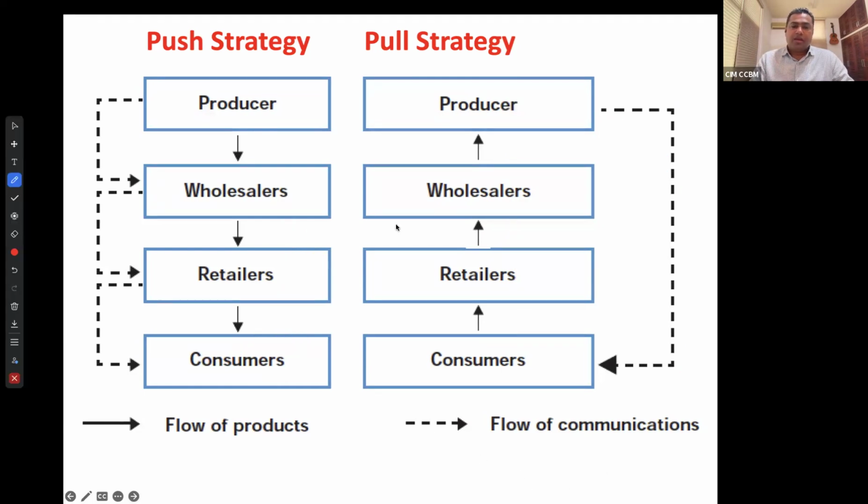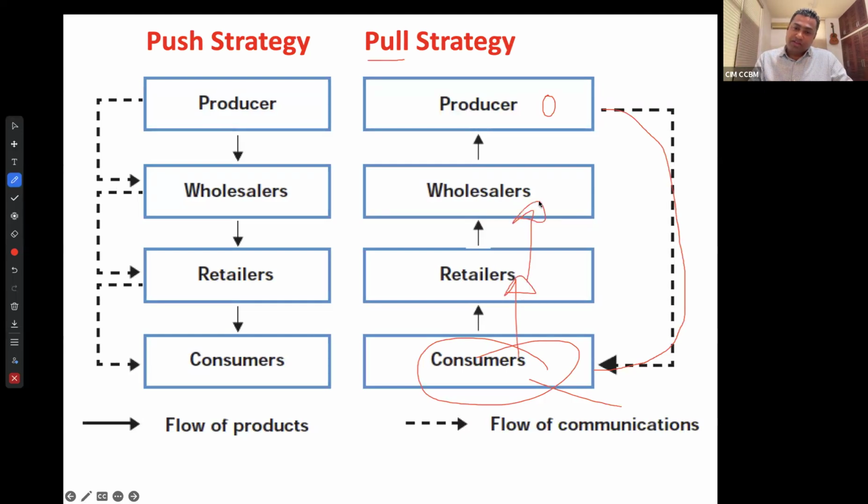When you pull, the pull strategy in sales promotion, an organization will advertise your product, your sales promotion, let's say on TV, radio, press. They will advertise it to customers. Then the customer will see the ad and go and ask retailers.